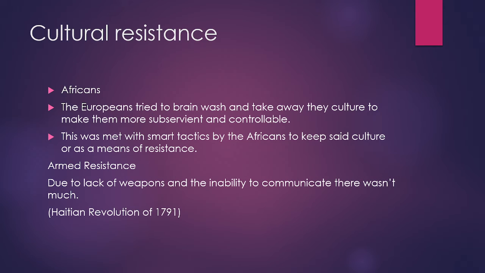The Europeans tried to brainwash them and take away their culture to make them more subservient and controllable, but they were met by smart tactics from the Africans to keep their culture as a means of resistance. Because the Europeans were trying to wipe out the African culture, they hybridized their culture into Christianity in a sense, so they could still continue to practice it, and they would tell the Anansi stories that we should know.